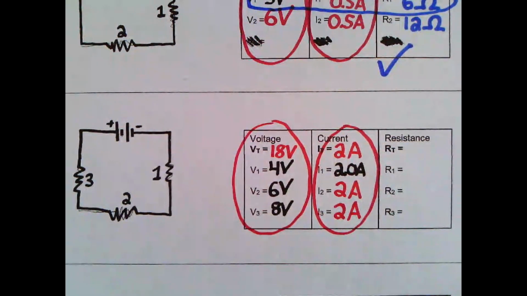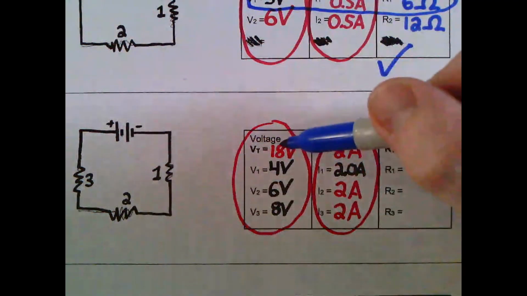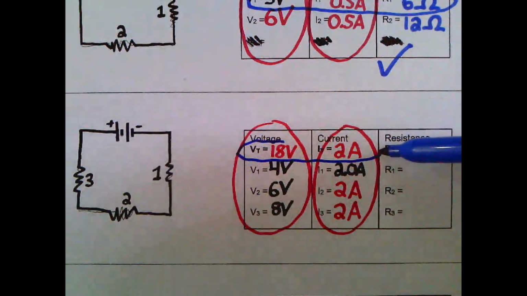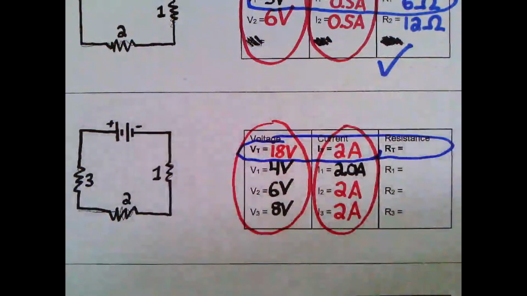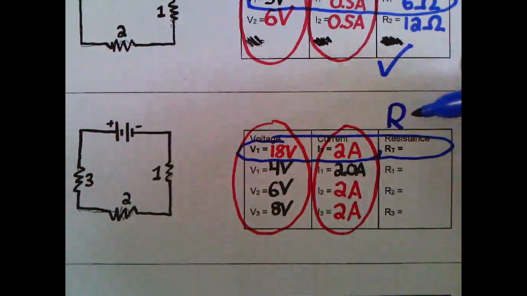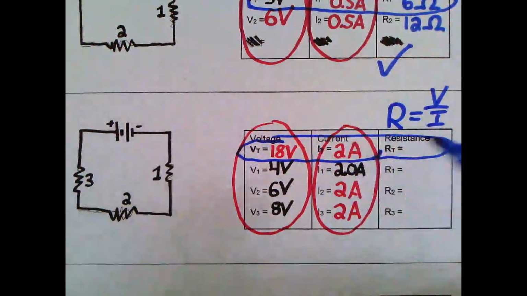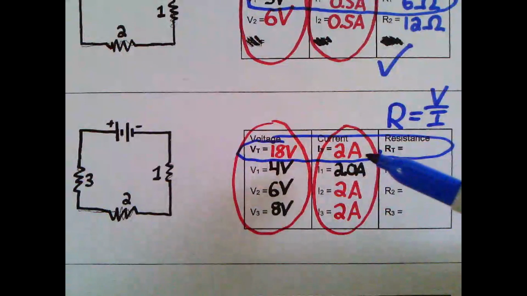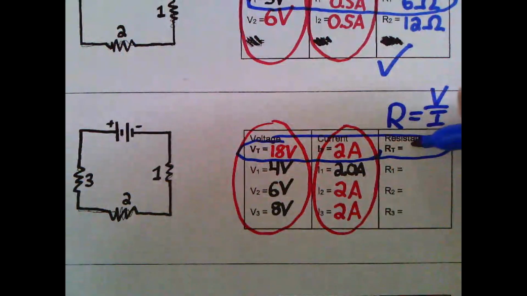Then we get the resistance. Anytime you have 2 pieces, you can always find the last piece. We know that resistance is voltage divided by current. So resistance is this divided by this, 18 divided by 2, so 9 ohms.